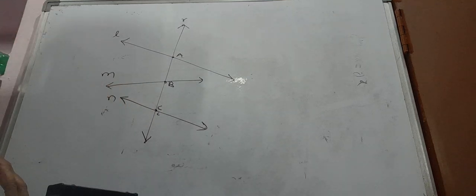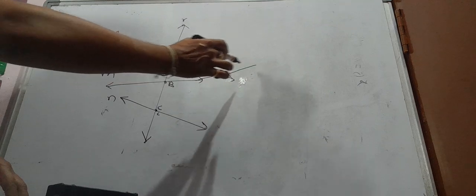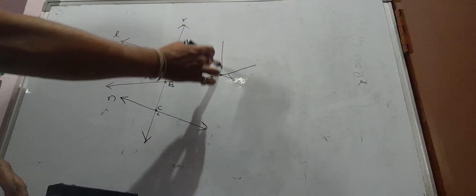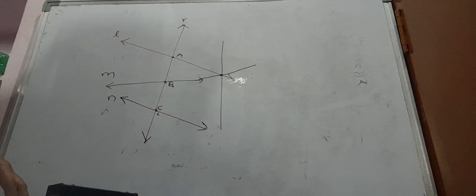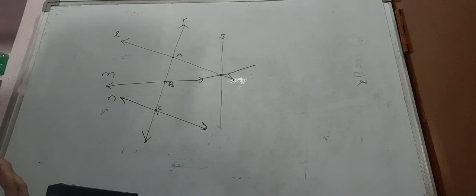The transversal cuts at three distinct points. For example, the M line is intersecting the L line. Through that intersection point, if one line is passing, then that is not called a transversal. Say this is the S line.